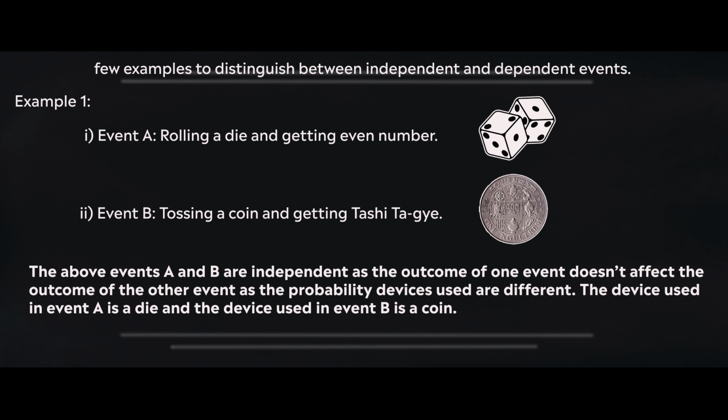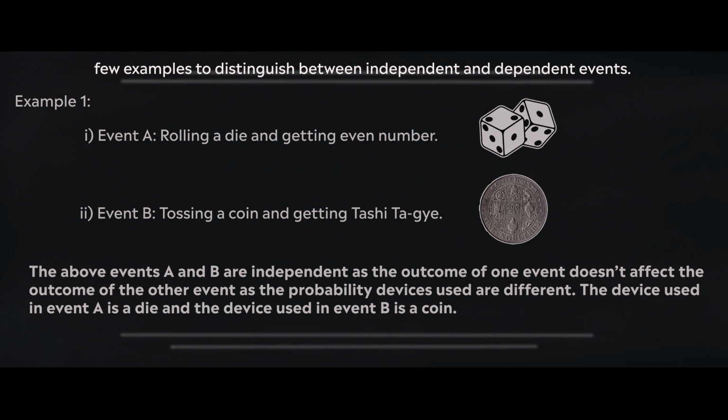The outcome of event A doesn't affect the outcome of event B, as the device used in event A is a die and the device used in event B is a coin. So the outcome in rolling a die doesn't affect the outcome of tossing a coin. That's why the events described are independent.